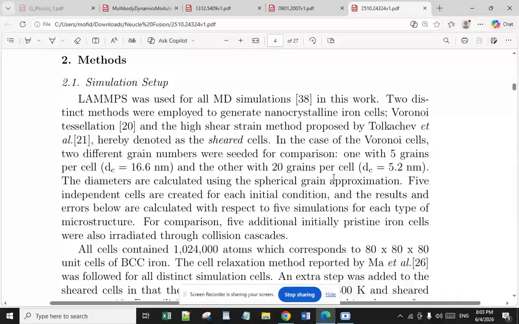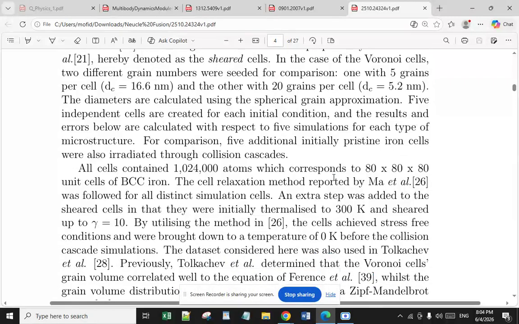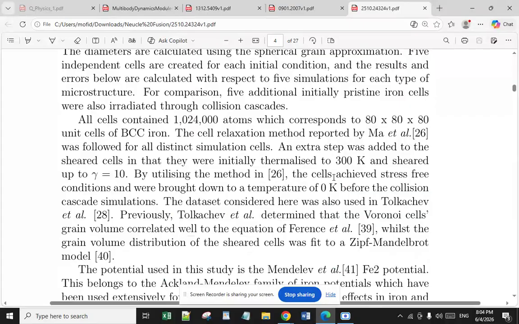The diameters are calculated using the spherical grain approximation. 5 independent cells are created for each initial condition, and the results and errors below are calculated with respect to 5 simulations for each type of microstructure. For comparison, 5 additional initially pristine iron cells were also irradiated through collision cascades. All cells contain 1,024,000 atoms, which corresponds to 80 multiplied by 80 multiplied by 80 unit cells.